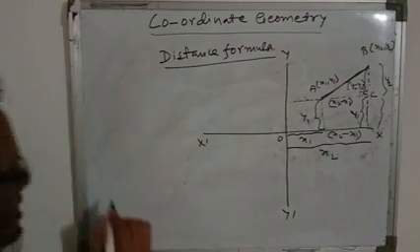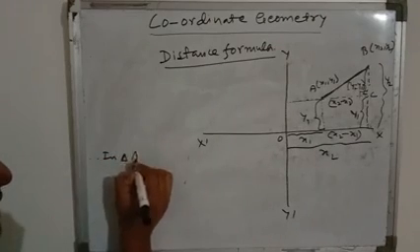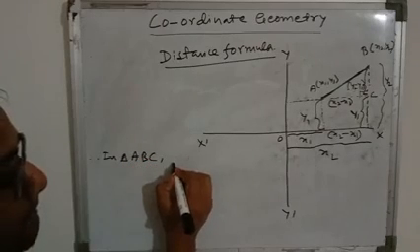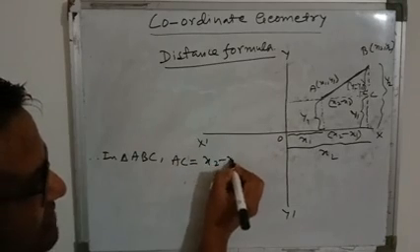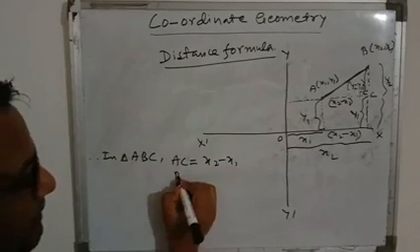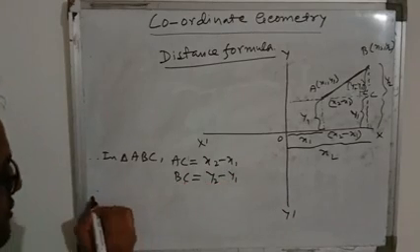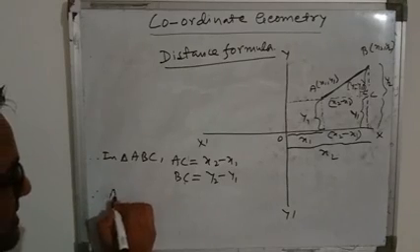Now see, therefore in triangle ABC, we know AC equals x2 minus x1 and BC equals y2 minus y1.